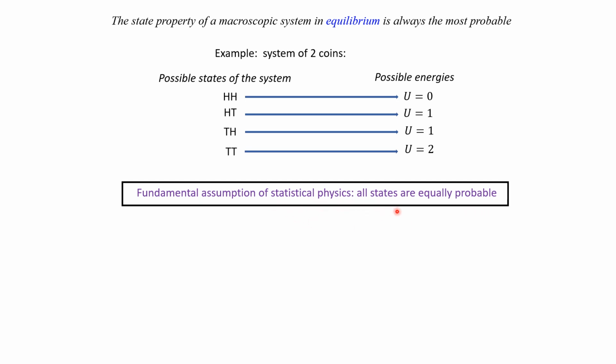We know that this assumption is at least sufficiently good to make the theory work very well. In our example, we have 4 states. If we use the fundamental assumption, then we can deduce that the probability of each one of these states is 25%, 1/4 for each.